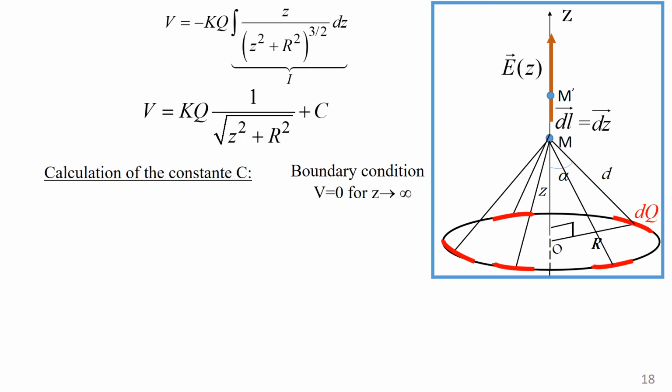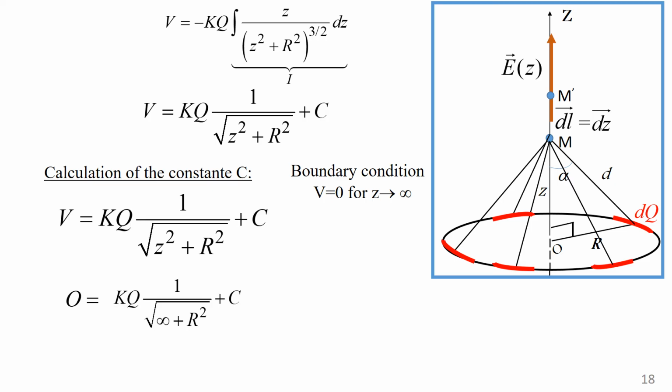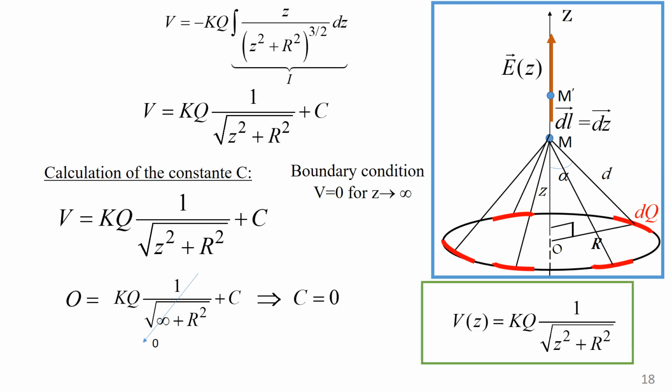So we replace here V equals 0, z by infinity, and we get c equals 0, and you see it is exactly the same result as found with the first method, Coulomb's law. And thank you for your attention.